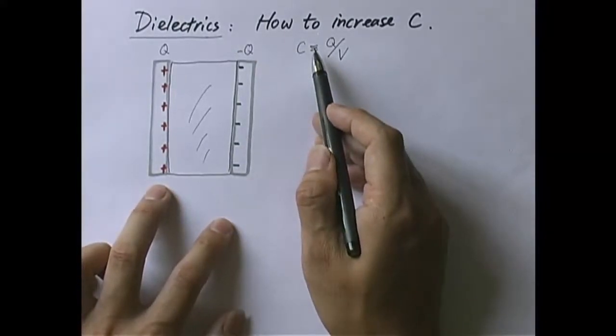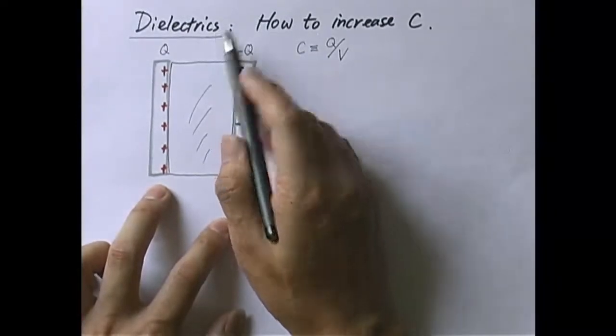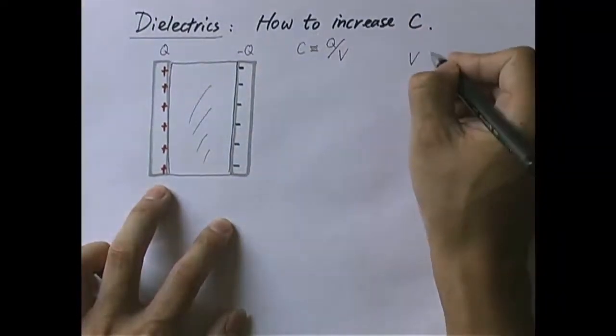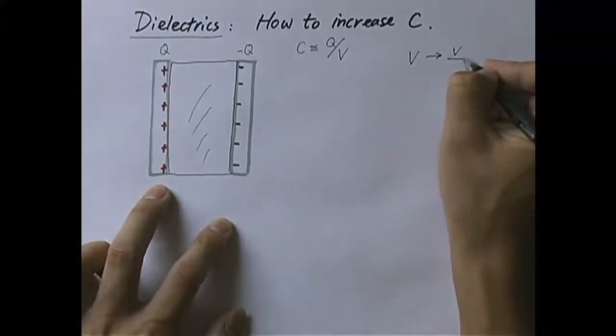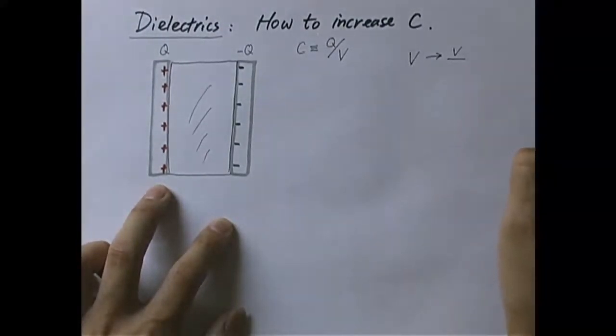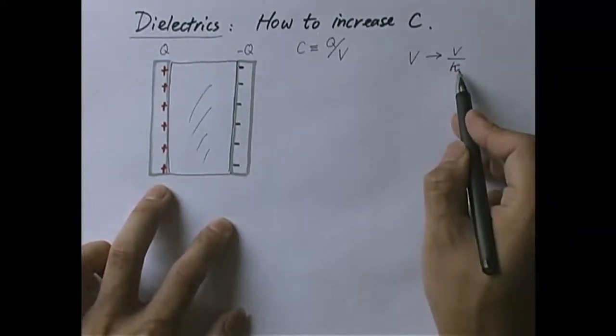And this particular factor, we call the so-called dielectric constant. So V goes to V over the dielectric constant, and the symbol for the dielectric constant is kappa. It looks like a K, but it's a Greek letter, not a Latin letter. It reads kappa, not K.